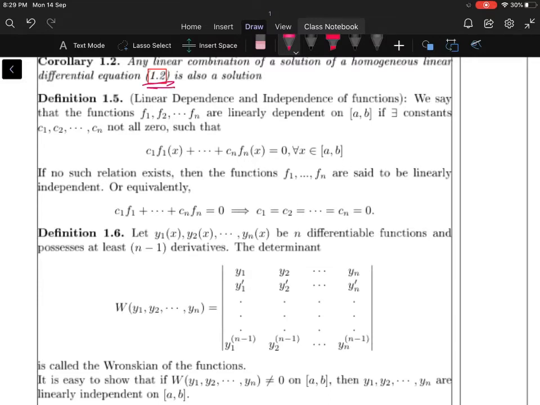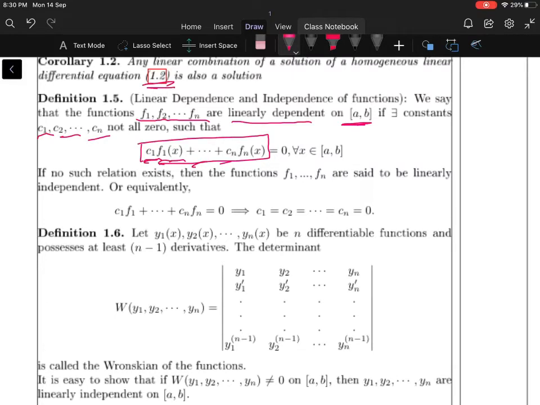We say that the functions f1, f2, fn are linearly dependent on a particular interval ab if there exist constants c1, c2, etc., cn, not all 0, such that the linear combination c1 into f1 of x plus c2 into f2 of x and so on plus cn into fn of x is equal to 0 for all x in ab.